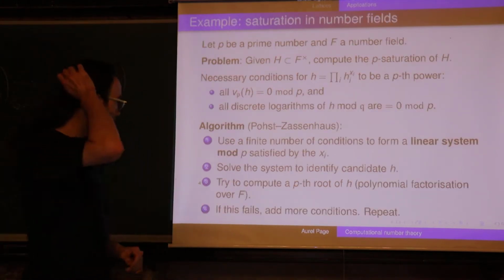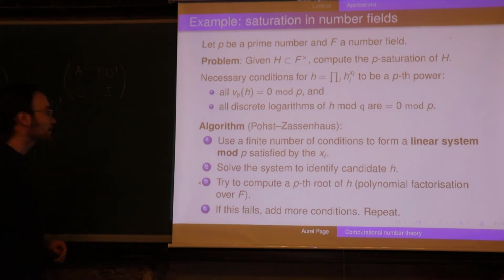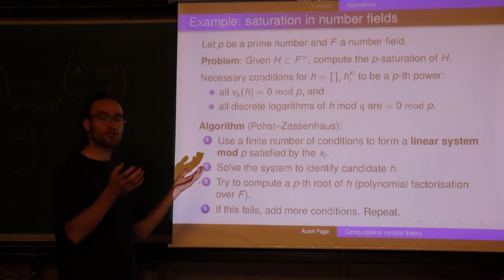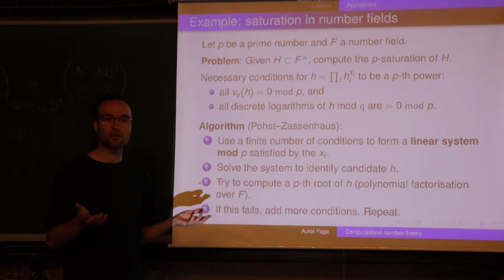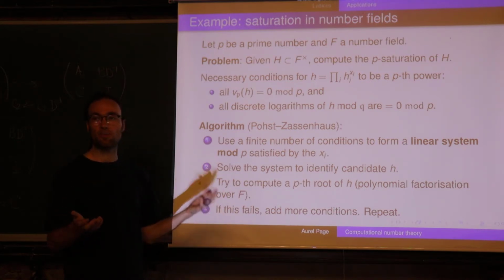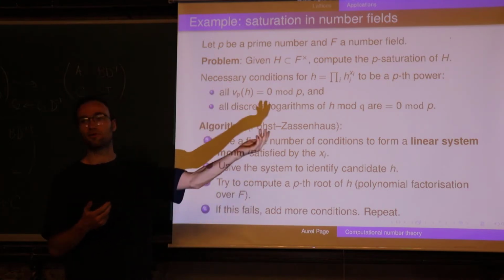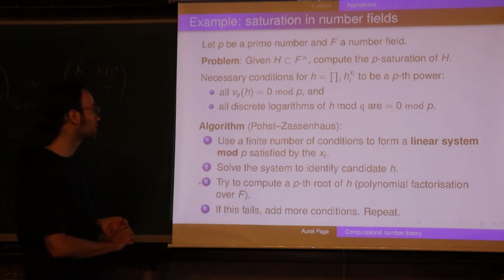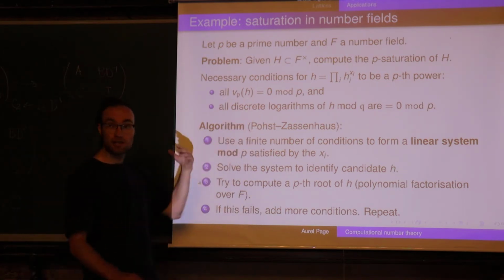Let's look at a more complicated one. If you remember, in the last lecture, I defined this general notion of saturation in an abelian group. And we applied it in an additive context where we were trying to compute the maximal order in a number field. Now we are going to think about it multiplicatively.